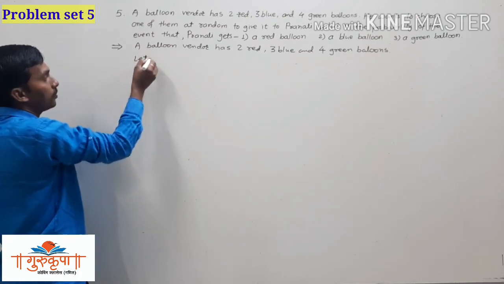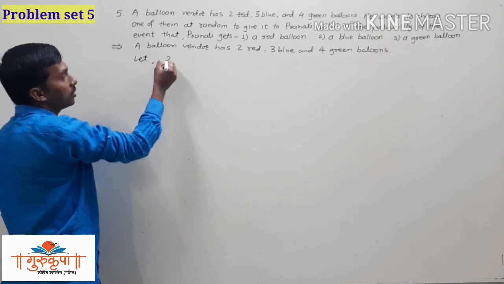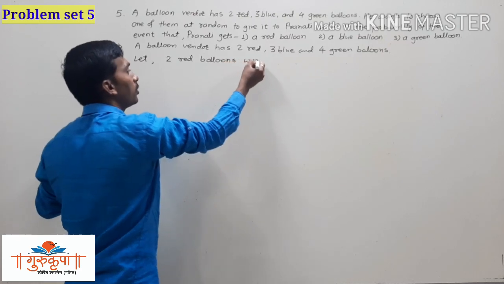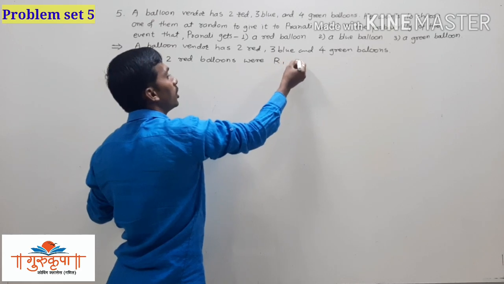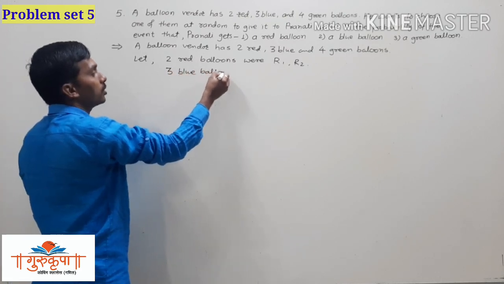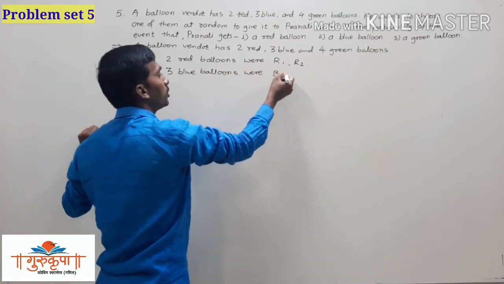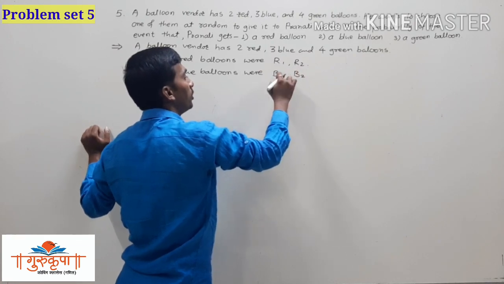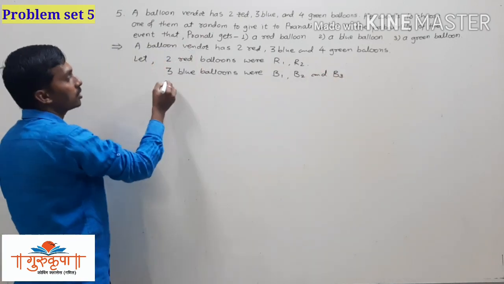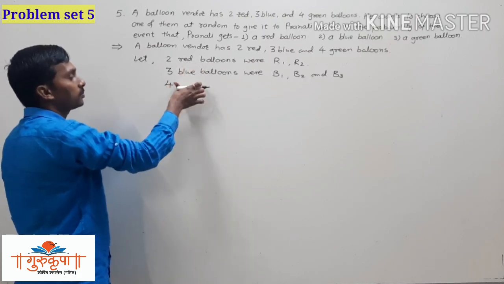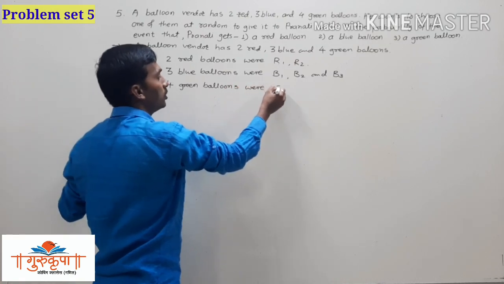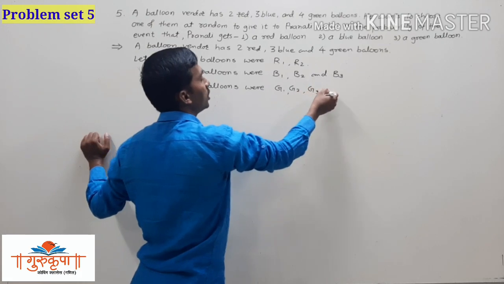Let the 2 red balloons be R1, R2, the 3 blue balloons be B1, B2 and B3, and the 4 green balloons be G1, G2, G3 and G4.